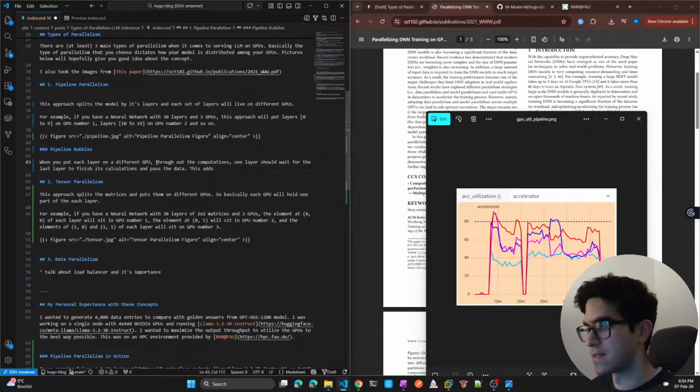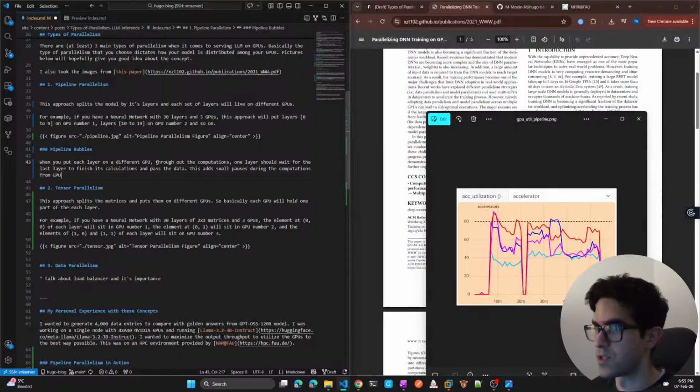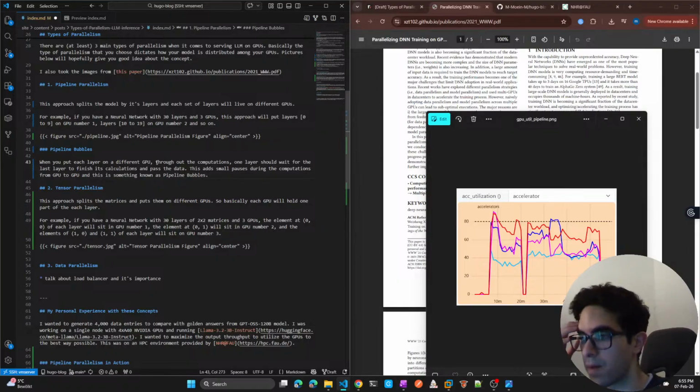This adds small pauses during the computations from GPU to GPU, and this is something known as pipeline bubbles.